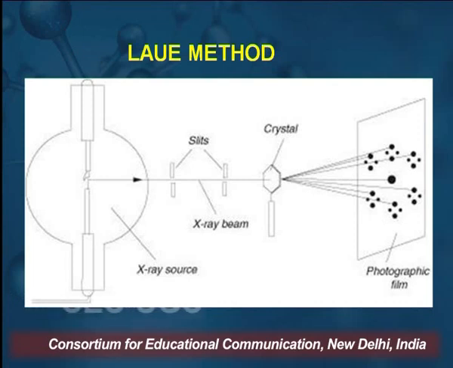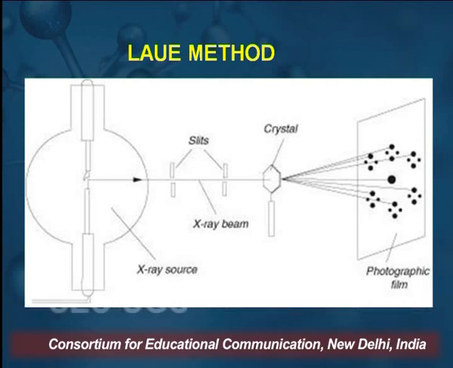Basically, Laue explained that the crystal can give diffraction, as we normally discussed in optics, that a transmission grating is used to get the diffraction pattern, where the lines on the transmission grating are of the order of the wavelength of the light that falls upon it.